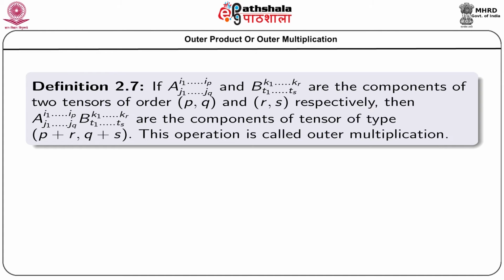This is a multiplication of the components of tensors. If a i1, i2, ip, j1, j2, jq and b k1, k2, kr, t1, t2, ts are the components of two tensors of type p q and r s respectively, then outer multiplication of these components will give rise to a tensor of type p plus r and q plus s.